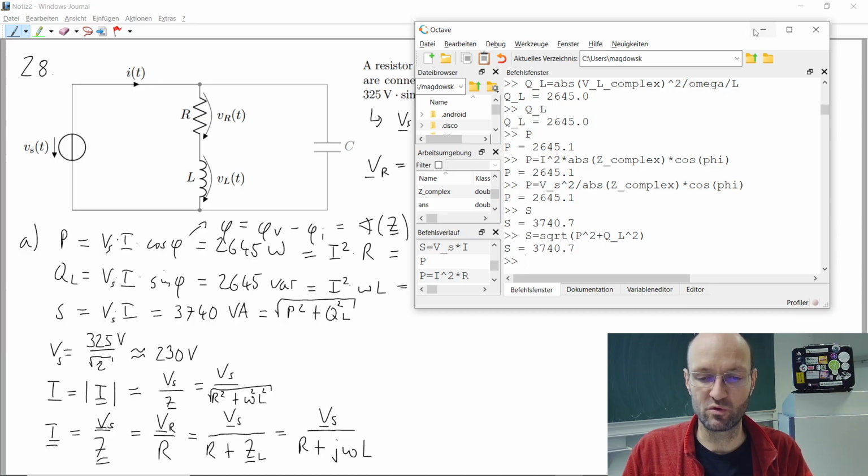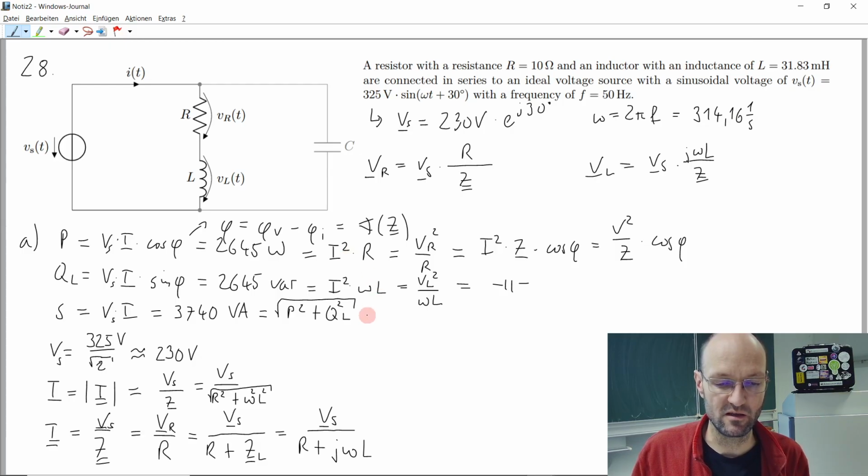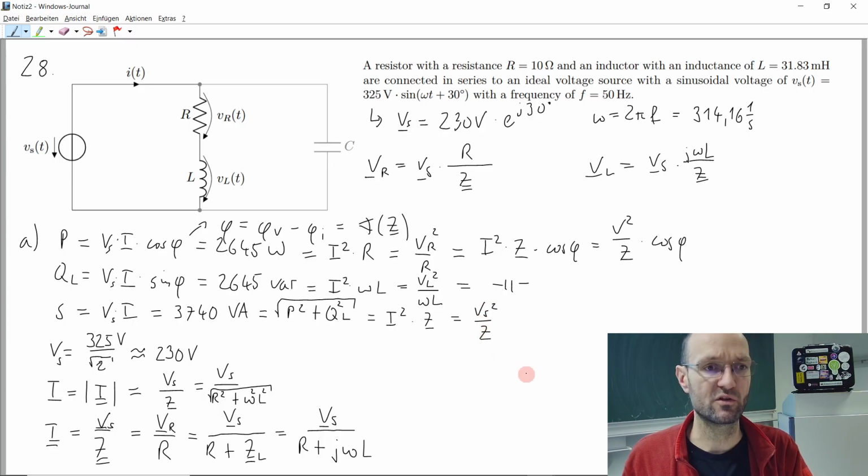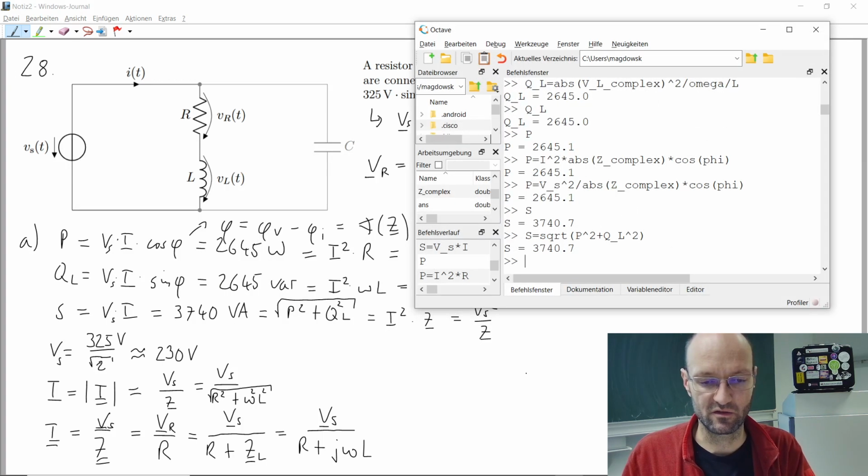And what would also work is if we take I squared times the total impedance, or the source voltage squared divided by the total impedance. Both of these formulas should also work and give us the correct result.